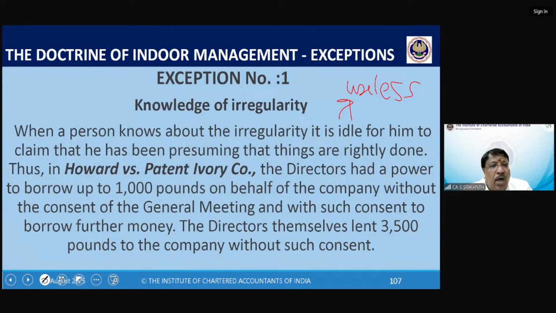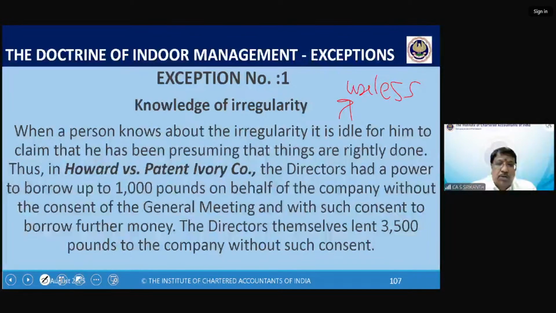See, in this case, Howard versus Patent Ivory Company, the directors had power to borrow up to £1,000 on behalf of the company without the consent of the general meeting. Up to £1,000. Beyond that, they said you have to go to the general meeting. General meeting means they have to get the consent of the shareholders, because shareholders will give their approval in the general meeting.